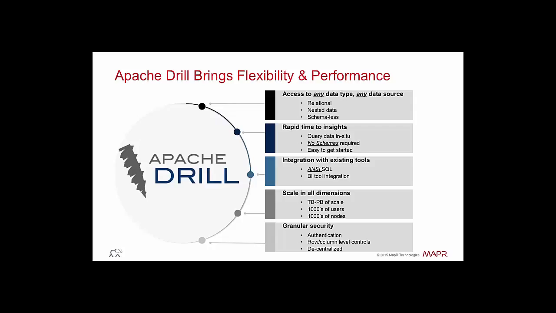But obviously, since it's a big data solution, there is scale involved. So Drill should be able to process petabytes of scale, thousands of users, and data sitting on thousands of nodes. So that is a given. It has to work and provide the interactive speed. What's also important in the BI space is the granular security that you would require to enforce the right level of authorization and authentication. And I have a slide here which is going to talk about it.